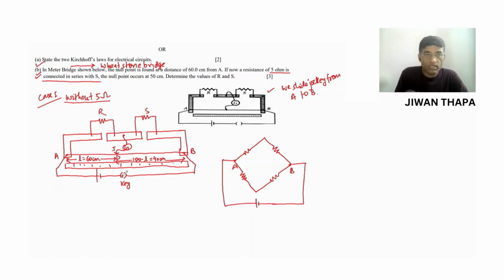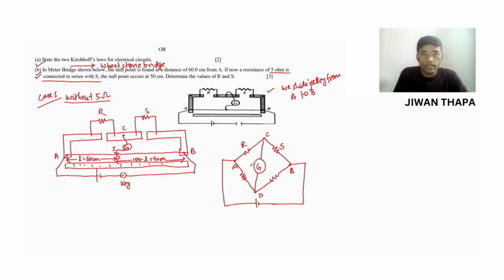Let's close the key, because in the original experiment we have a tap key, okay. Now let's call this point C. So this is C, and this is D. We have a galvanometer between C and D. Now we have resistance R between A and C, resistance S between C and B.